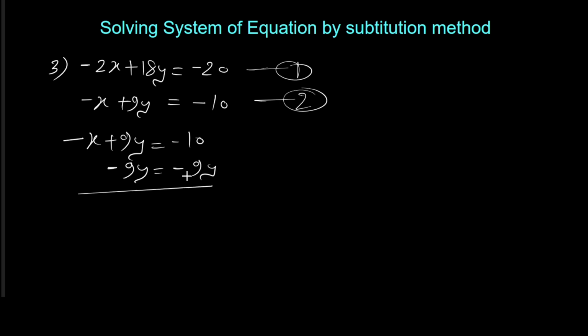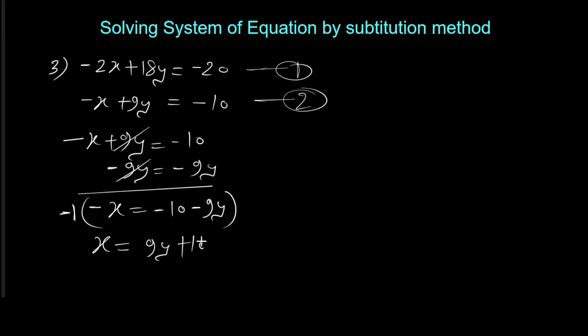The 9y cancels out, so negative x equals negative 10 minus 9y. To undo this negative, let's multiply the whole equation by negative 1. Negative and negative give us positive, so x equals 9y plus 10.